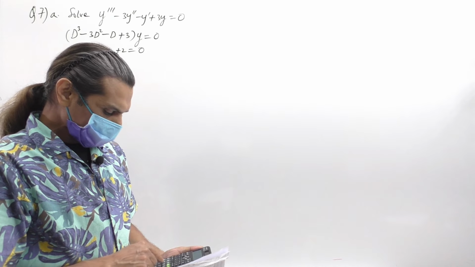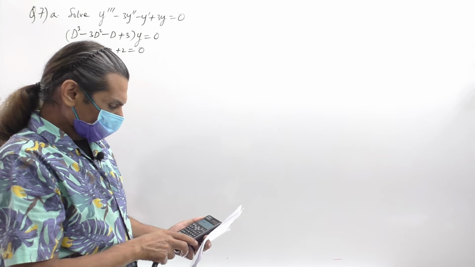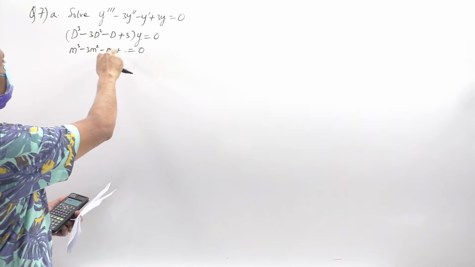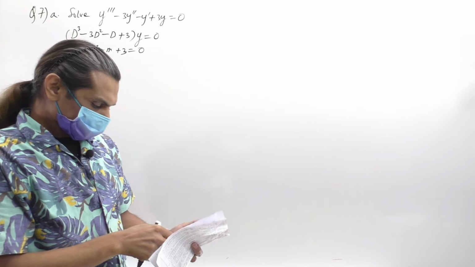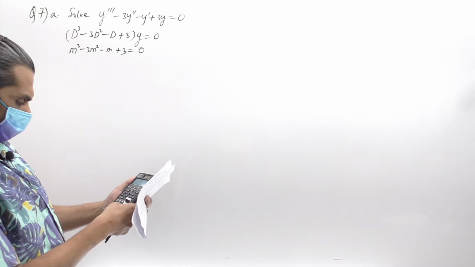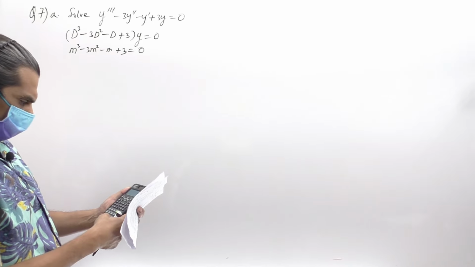We go to the equation mode, and since it is a cubic polynomial, we select number 4 here. Write the coefficients: m cube minus 3m square minus m plus 3. So 1, equals, minus 3, equals, minus 1, equals, 3, equals.